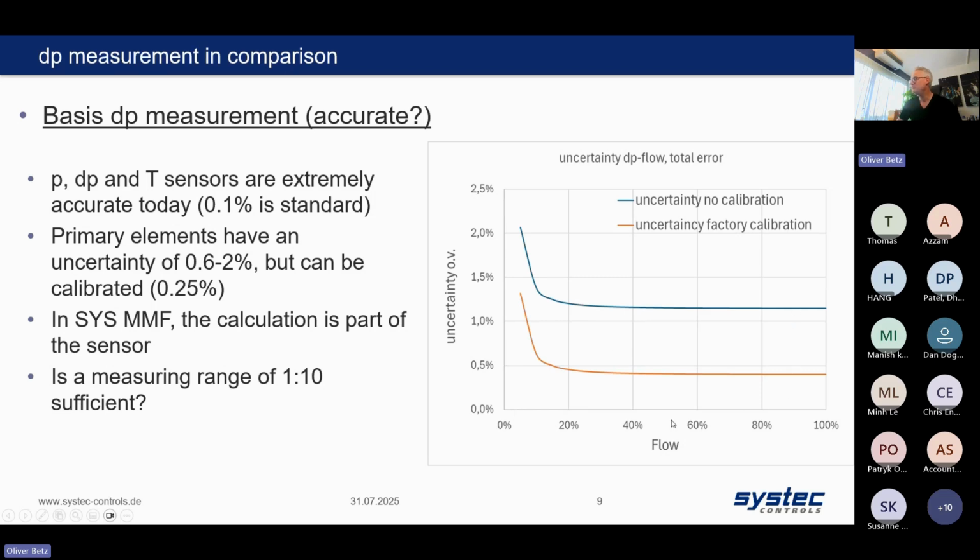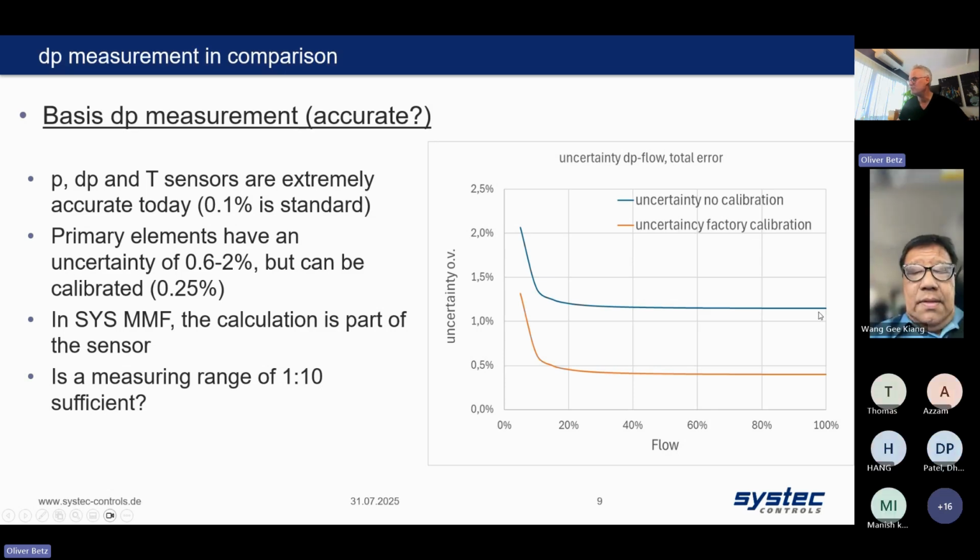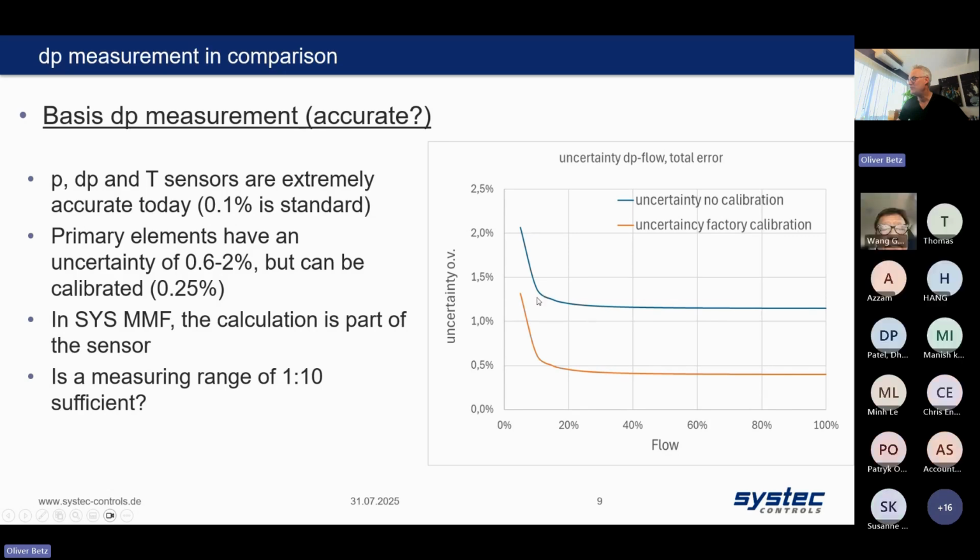So here I have 2 graphs. We have here the flow and the uncertainty of a compressed mass flow. So if you look to the total accuracy of value, then the blue one is a typical uncertainty of a 1% primary element. And here in a range 1 to 10, you are well under 1.5% of actual flow, which is not too bad.